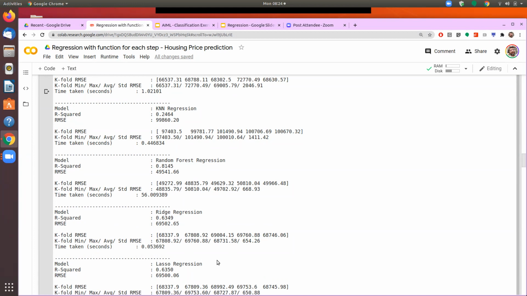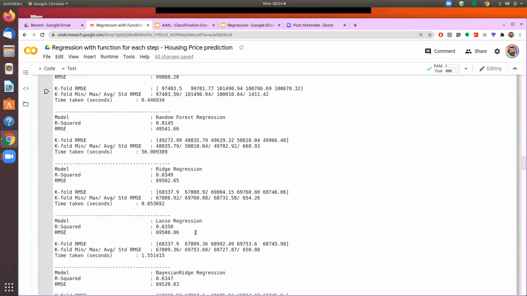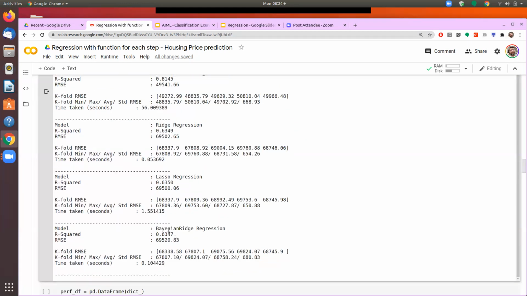So the ideal way, as I was saying, in a data science project, what you would do is that you will run different models, see the performance of each model, and then we will choose whatever works best for us. There is another type of regression that we have run called the Bayesian ridge, but since we have not discussed yet the Bayesian probability, we'll leave this for the time being.